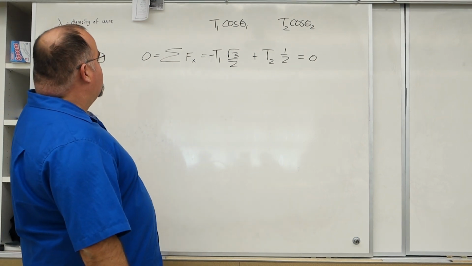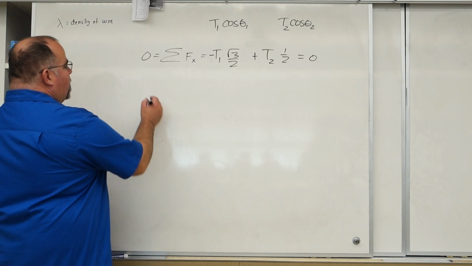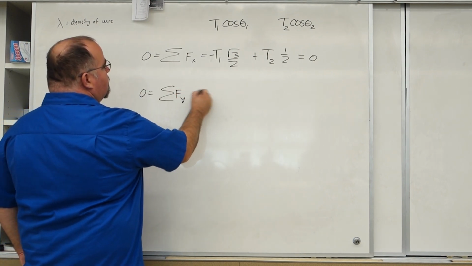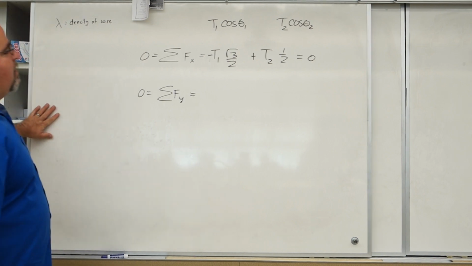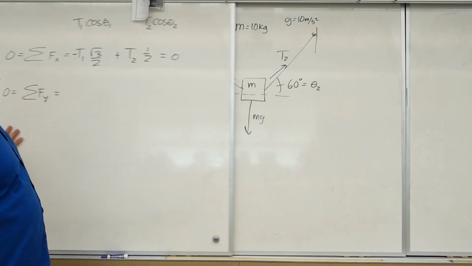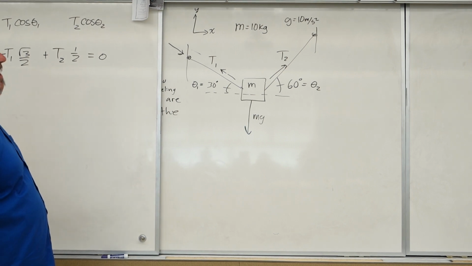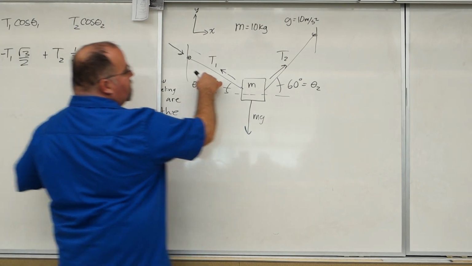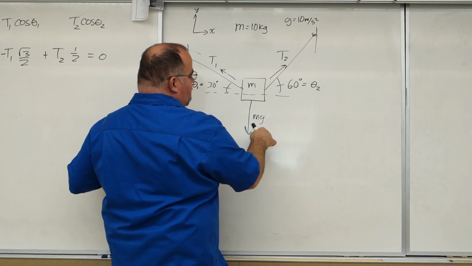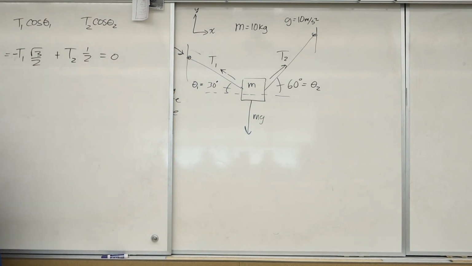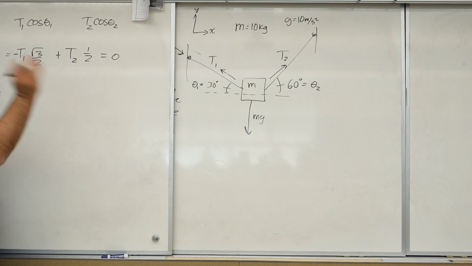Alright, so now the next one. The sum of the forces, 0 equals the sum of the forces in the y. There's 3 forces in the y now, right? We got y components of T1, y components of T2, and then mg. Let's do mg first since it's pure. What direction is it going? Negative or positive?